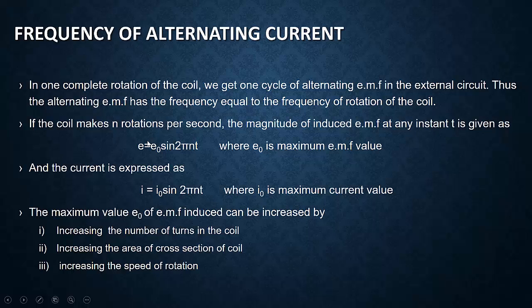E0 is actually 2 pi n BAN, where B stands for magnetic field, A for the area of the coil, and N is the number of turns of the coil. So it depends on the magnetic field, area of cross section, and number of turns of the coil.